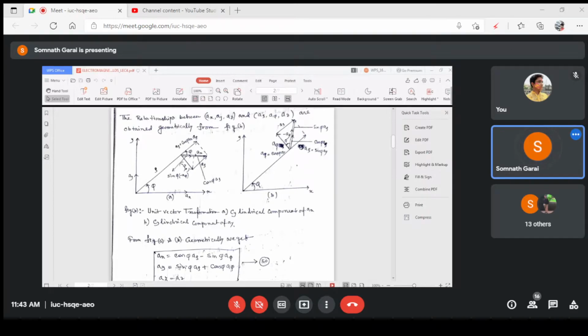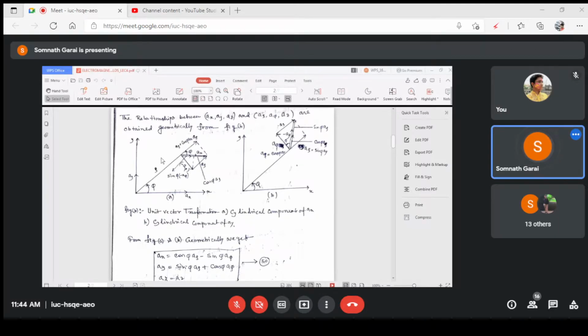There are a number of formulas, at least 500 formulas present in electromagnetic field. It is the first module and we already covered 60 formulas. So you have to remember all the formulas.